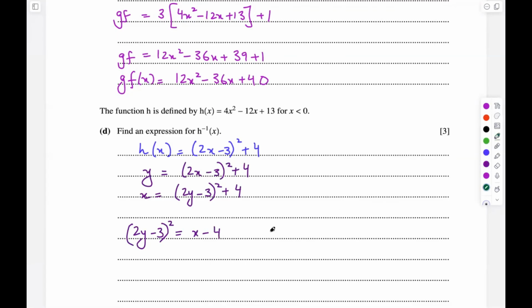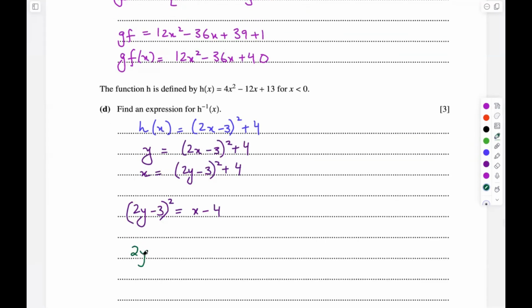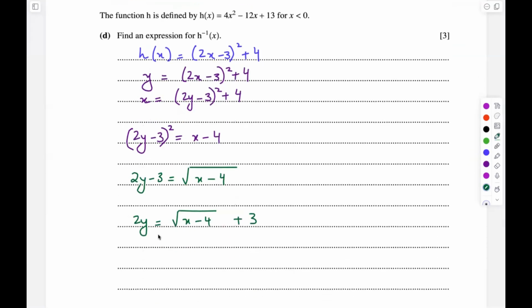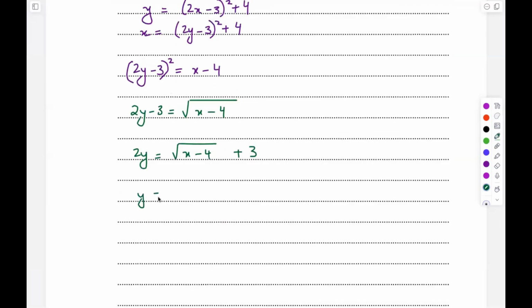Now taking the square root on both the sides, 2y minus 3 is equal to square root of x minus 4. Now taking the 3 on the right hand side, this will become square root of x minus 4 plus 3. And finally, we'll divide the whole expression by 2. So y will be equal to square root of x minus 4 plus 3 upon 2.